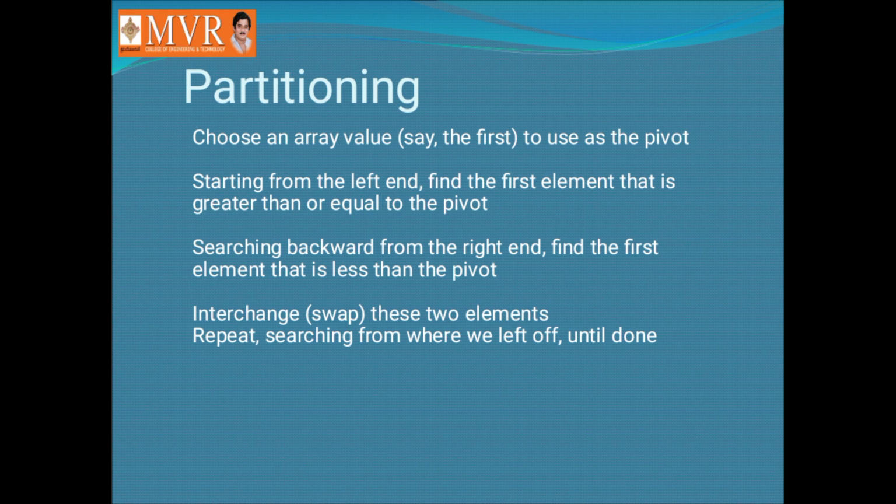If it is smaller than my pivot element, I swap it with the element at the 0th location and my pivot element goes to the last position. After that, again I compare my pivot element with the element at the first location. In the first process I compared with the 0th location element, it's over. Now I compare it with the element at the first location.